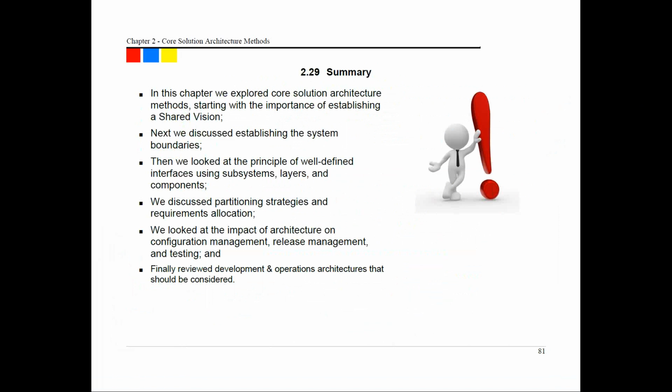So, summary, we talked a little bit about solution architecture methods, primarily around the idea of a shared vision and also around the idea of decomposing and thinking in terms of abstractions and thinking in terms of components in the system and how the system components and modules and subsystems interact. And I really want to focus in on the idea of well-defined interfaces there.